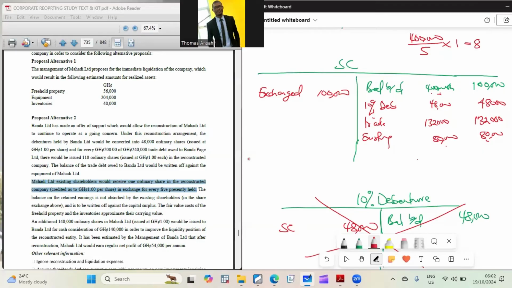So it means that this 400,000 shares will no more exist in the company because they've exchanged it. So this thing should be out. It will be cancelled out. But I want to find out your understanding about the double entry, because the 100,000 must exit and the new 80,000 must come in. So what is your understanding about how you go around it?